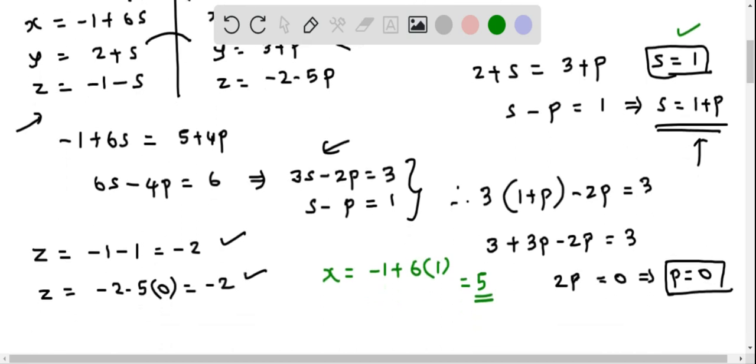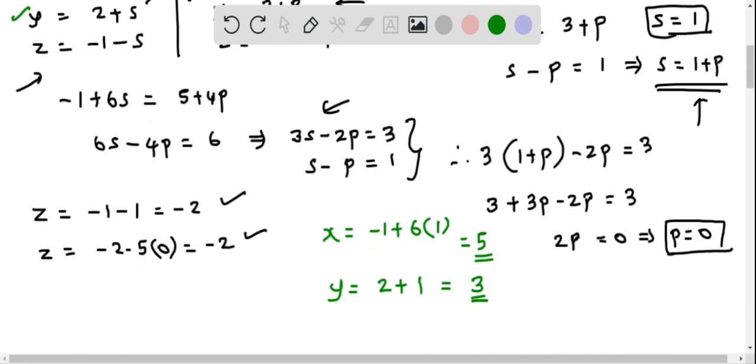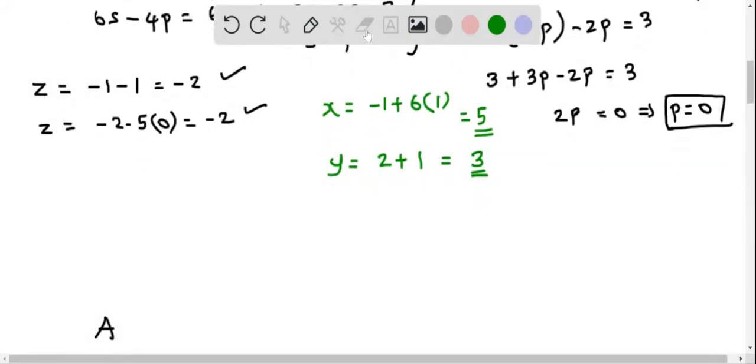Now let's find y. So we can substitute in the line 2 equation, that is into this equation. So I'm going to substitute s equal to 1. So therefore this becomes 2 plus 1 is 3. So we determine the value of the y coordinate as well. Now let's put this in the point or the intersection point form.